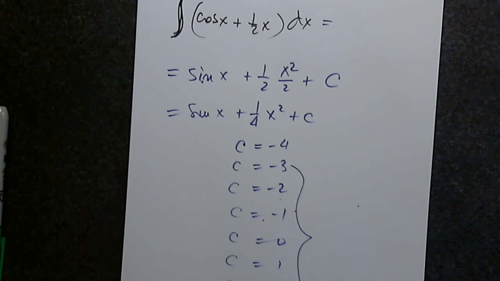And the next one, sine x plus 0.25 x squared and -1.